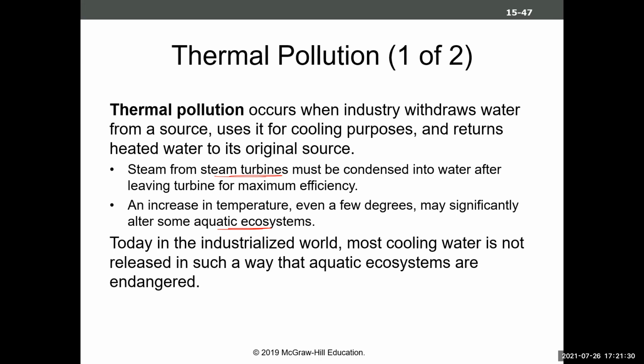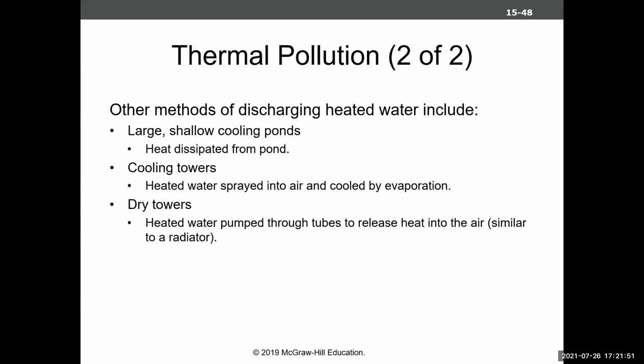It could kill fish, it could kill plants or other organisms that are in the area where that warm or hot water discharge exists. And so especially in the industrialized world, most cooling water is not released in a way that aquatic ecosystems are endangered, but it still happens in certain areas.